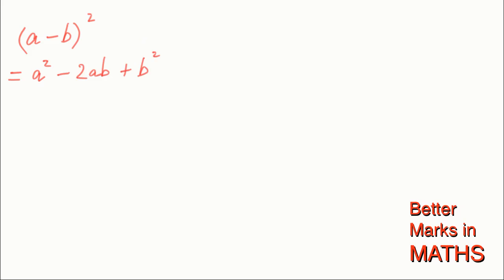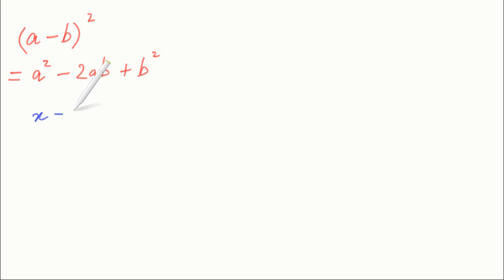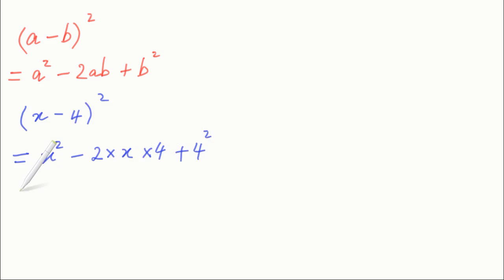Using that formula to expand something like x minus 4 all squared, that would give you x squared minus 2 times x times 4 plus 4 squared, and that's equal to x squared minus 8x plus 16.